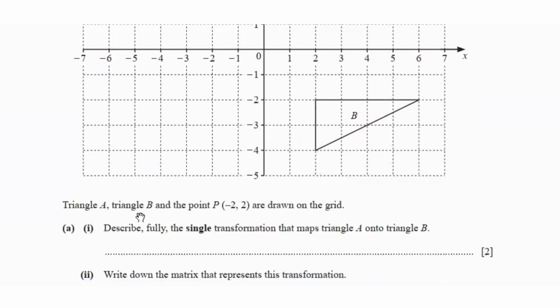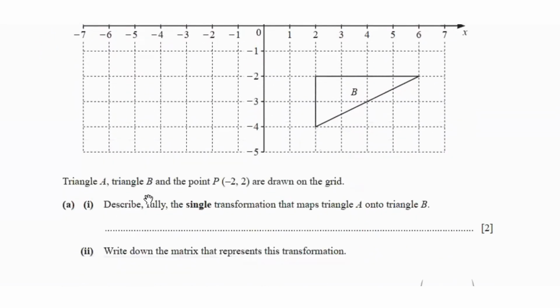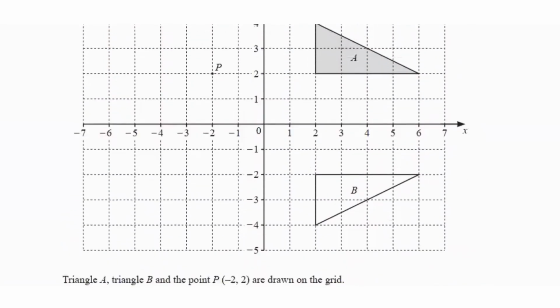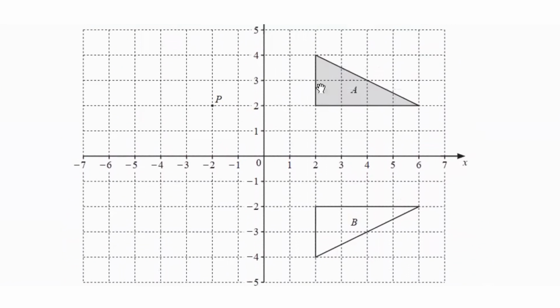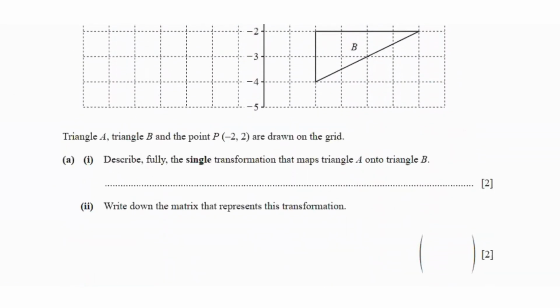Question 19 says, triangle A, triangle B, and point P (-2, 2) are drawn on the grid. Describe fully the single transformation that maps triangle A onto triangle B. As you can see, triangle B is a reflection of triangle A in the X-axis, or you could say y equals 0.